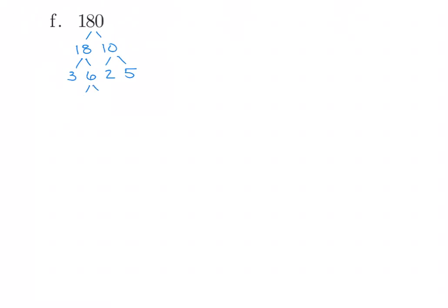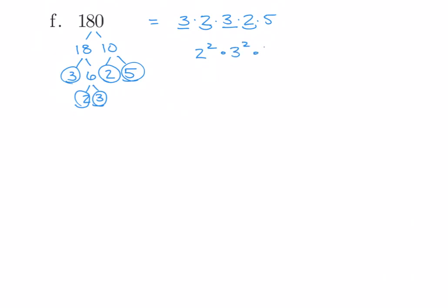And 6 is equal to 2 times 3. So we have our prime factorization now. All of the numbers at the end of my branches are prime. So we can write this now as a multiplication problem. We get 3 times 2 times 3 times 2 times 5. Or we can write it with exponents. I have 2 2's, so that's 2 squared. I have 2 3's, that's 3 squared times 5.